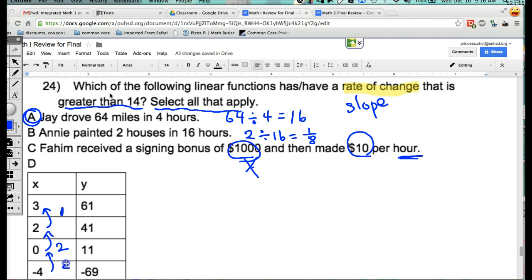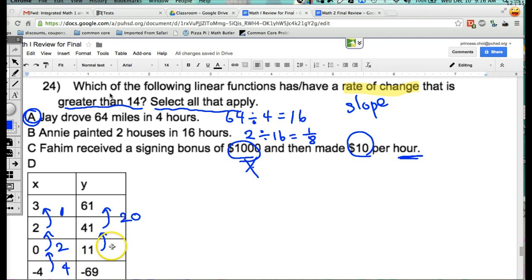No, +4. Okay. Yeah, so the rate of change over here is not exactly the same, but that is not a problem, okay? So now let's take a look at the rate of change in the y values, okay? So to go from 41 to 61, what did you have to add? 20, okay. To go from 11 to 41, what did you have to add? Huh?